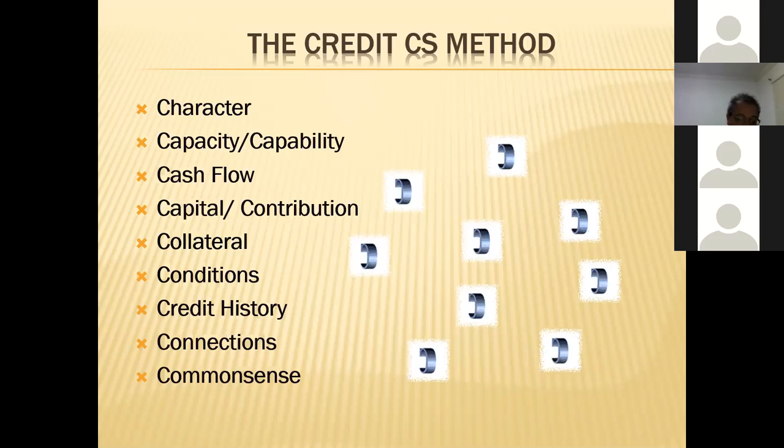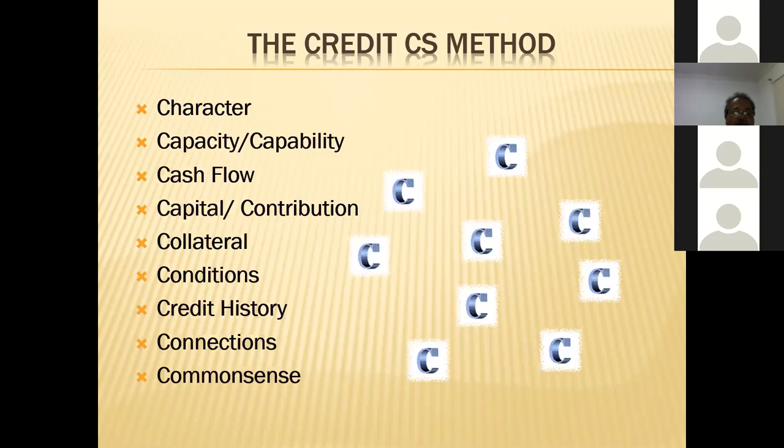Some of the questions you would want to ask: is the income consistent? Can obligations, that is bills, be met when they fall due on the business side? Then we have capital or contribution. Capital is normally reserved for business.